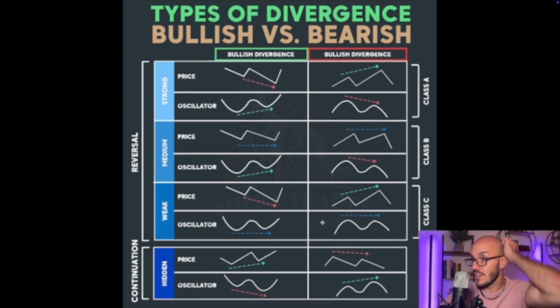Okay. Now again, you want to remember that because if you see these divergences, understand that some are stronger than the others. So you might be able to catch something that'll give you a hint. Like a weak bullish divergence, a class C bullish divergence, maybe giving you a hint that things are starting to reverse, but it's not as strong as your other divergences.